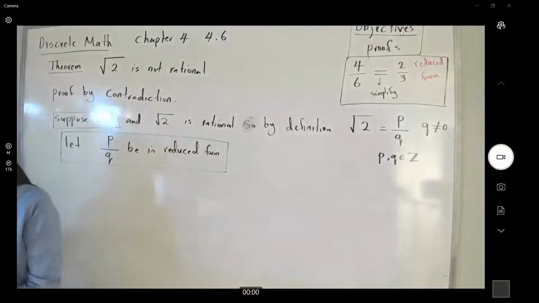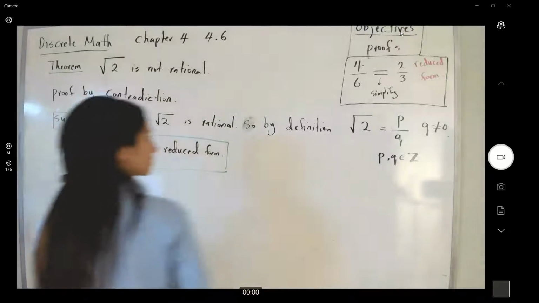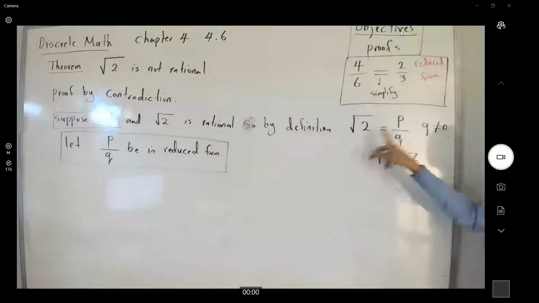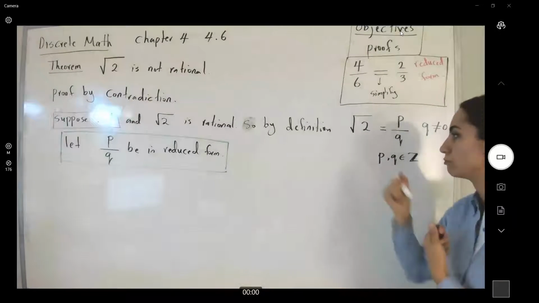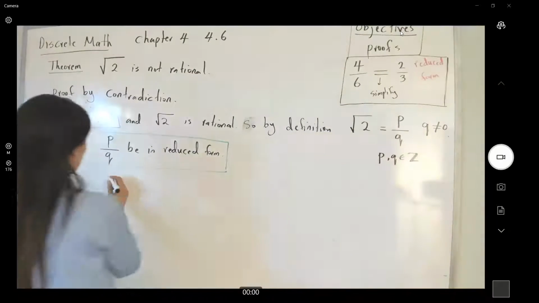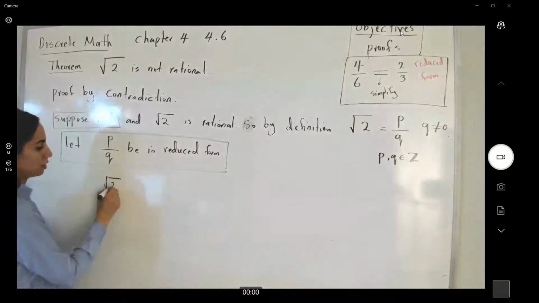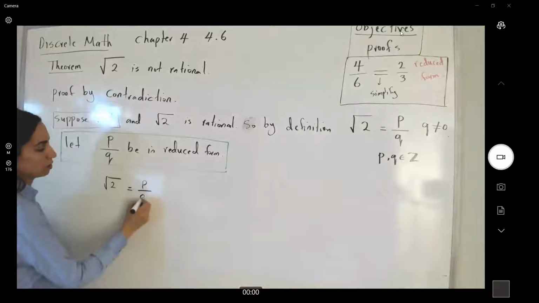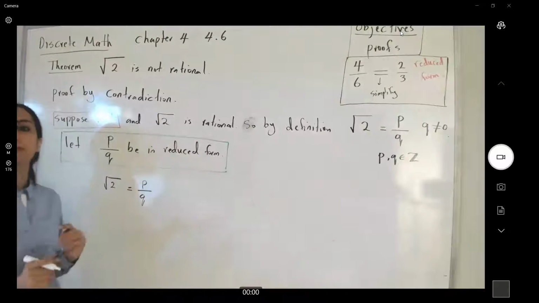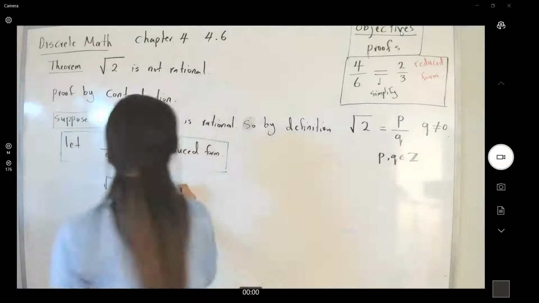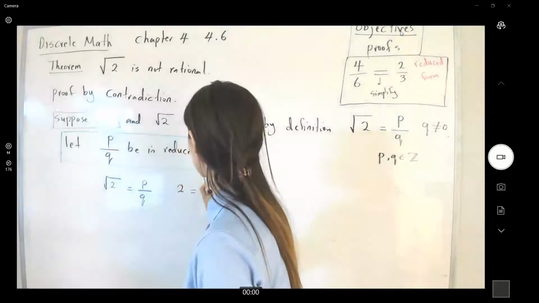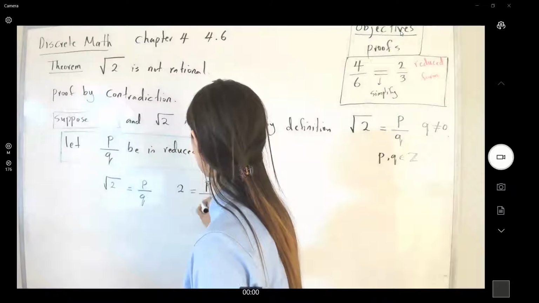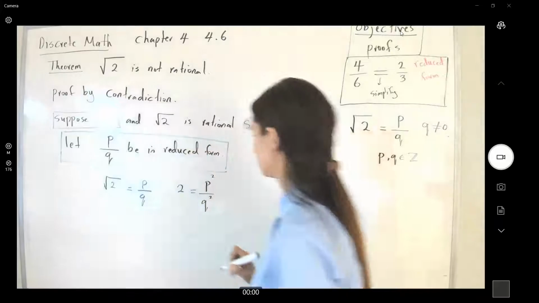Okay, very well. So we know that the square root of 2 is P divided by Q. Let me raise both sides to the second power. It means that 2 is equal to P squared divided by Q squared.